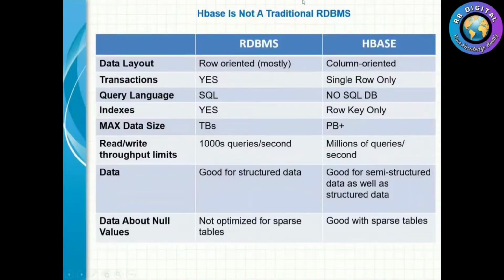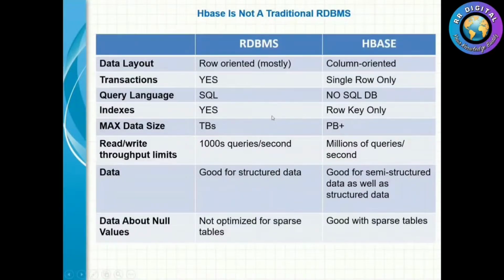Data layout in an RDBMS is stored row-wise, right? But in HBase, your data is stored column-wise. On transactions, an RDBMS supports online transactions, but HBase supports transactions at the single-row level. On query language, an RDBMS uses Structured Query Language, SQL, but here we call it a NoSQL DB.